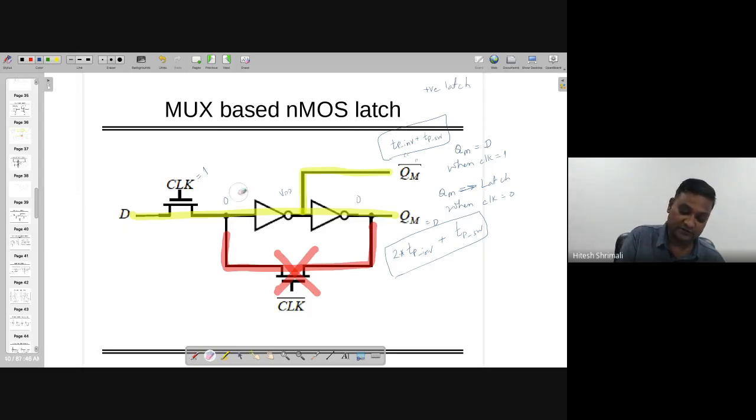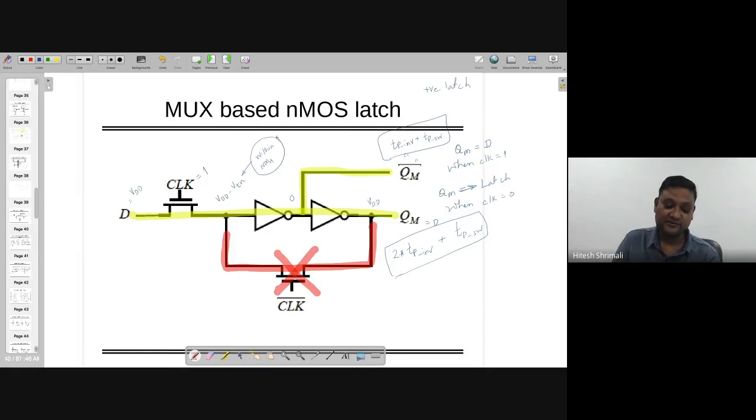But with VDD, which was actually the problem with pass transistors, when it goes through the clock, it is VDD minus VTN, where VTN is the NMOS threshold voltage. Considering that this is within noise margin high, then this is 0 and then this is VDD. If it is not within NMH, problems are there, right?